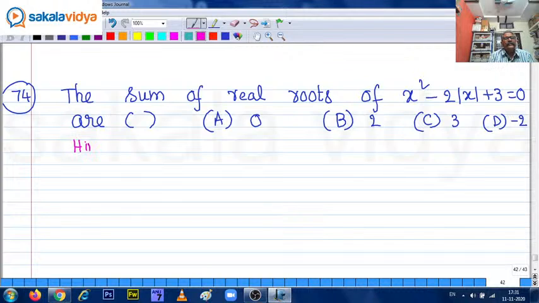So now first let us find out the roots. Because of this modulus, generally one must be tempted to write the answer option B. Option B is wrong, or option D is wrong. This we can write as mod x square minus 2 mod x plus 3 equals to 0.